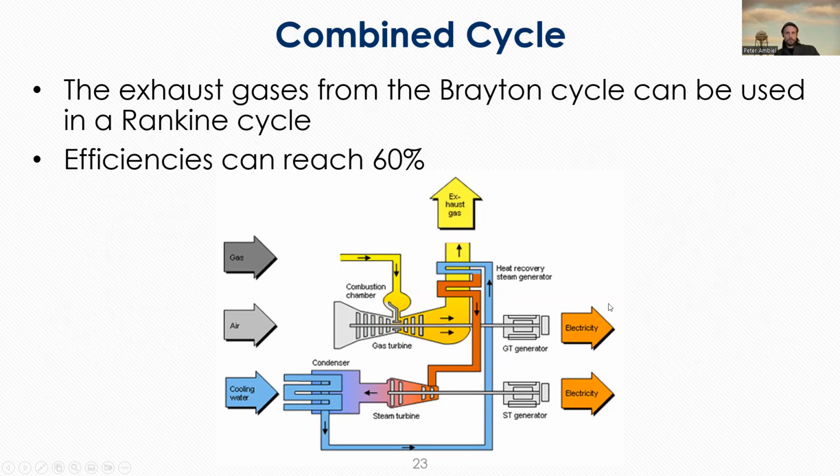And so by capturing the excess heat there, your efficiencies can get even higher, right? You can reach something like 60% efficiency. And so this process really lets you compete favorably against your traditional steam turbine.